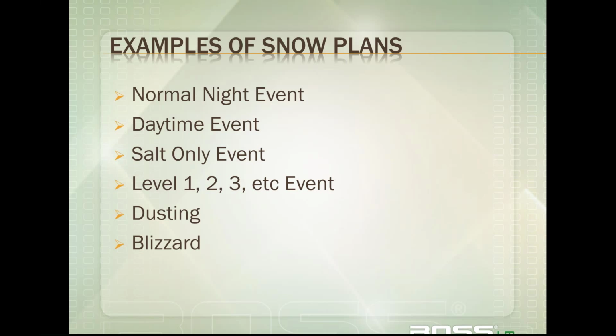So you can have your own level storms. Maybe it's just a dusting, and you deploy differently than, of course, maybe a blizzard. So any of these different examples might be a good way of using a snow plan. And you can have many examples within these. So very, very flexible, and the ability to create as many snow plans as you want.